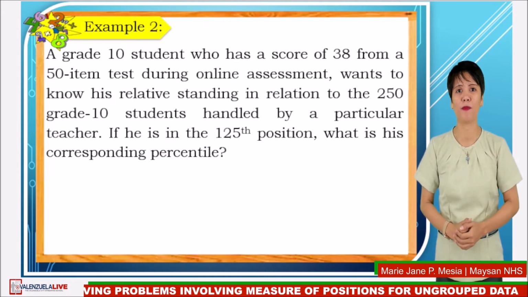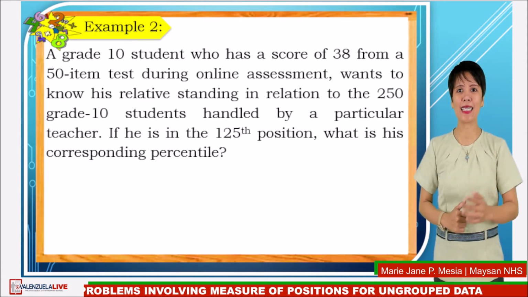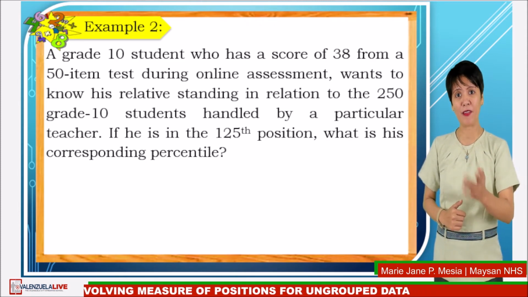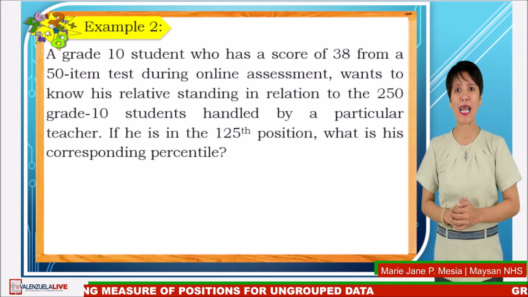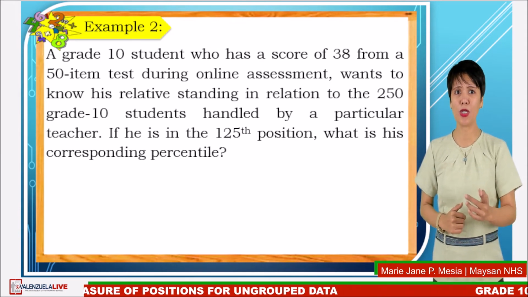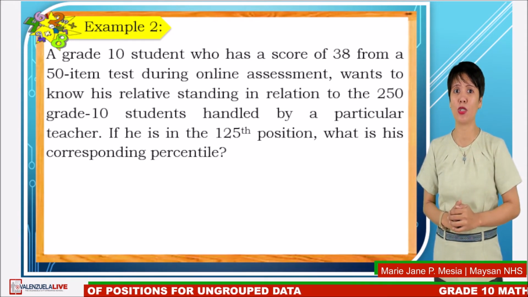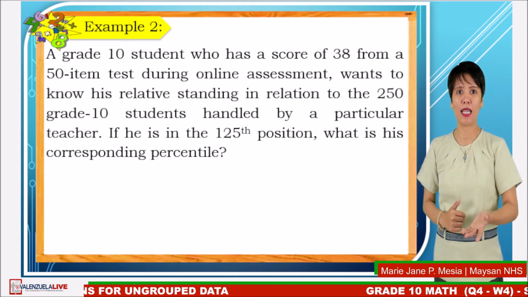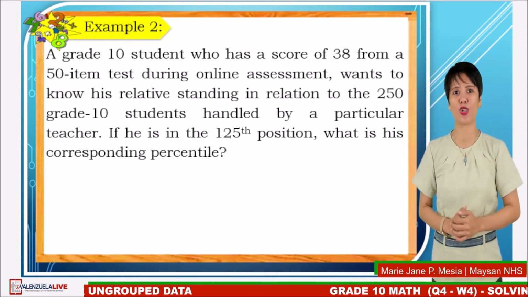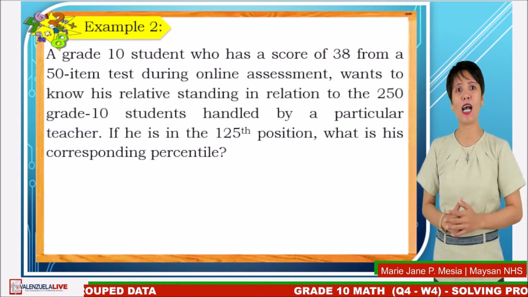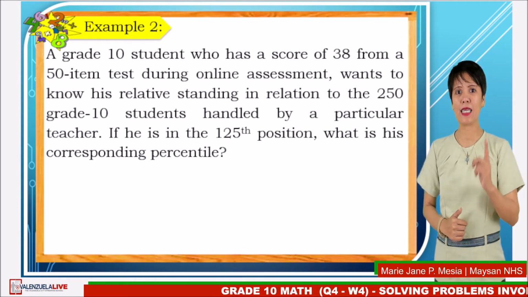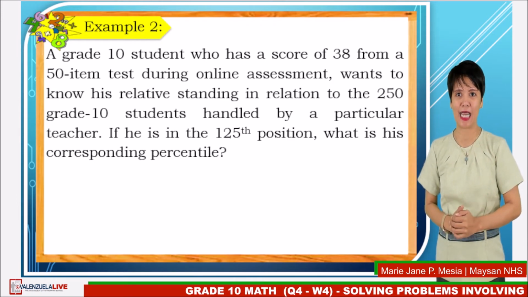For example, number 2, a grade 10 student who has a score of 38 from a 50-item test during online assessment wants to know his relative standing in relation to the 250 grade 10 students handled by a particular teacher. If he is in the 125th position, what is his corresponding percentile?